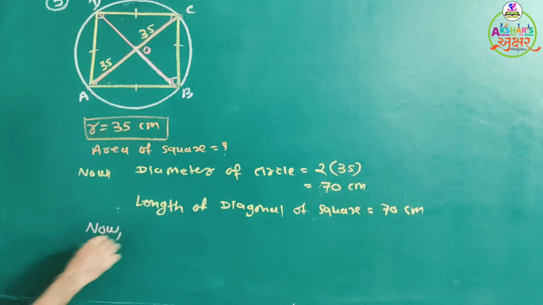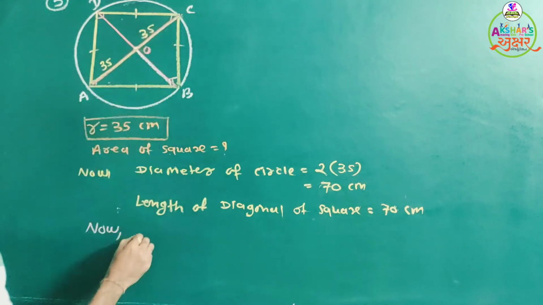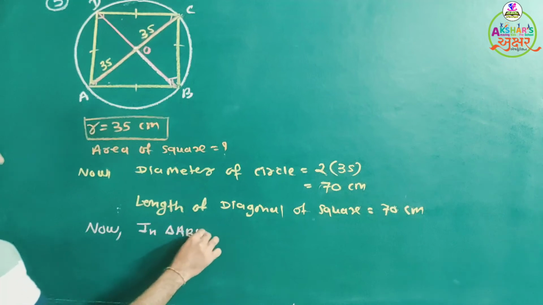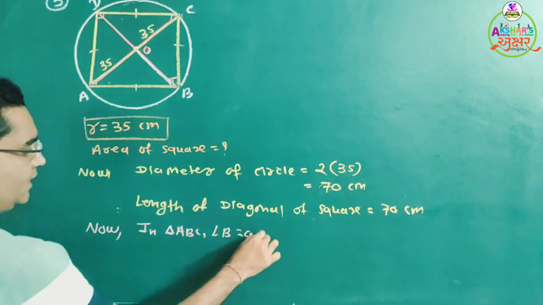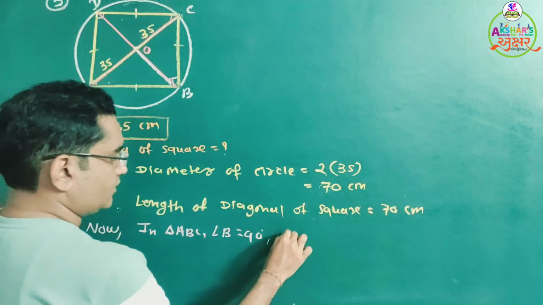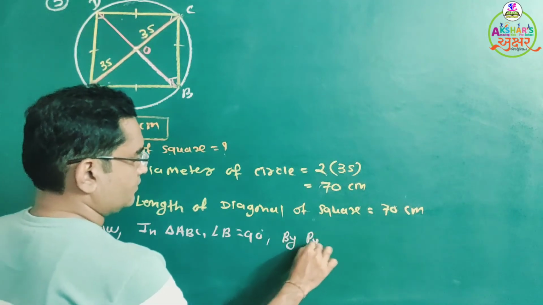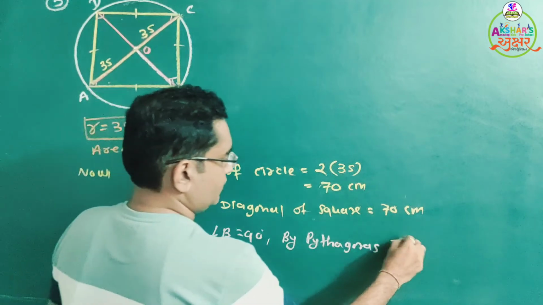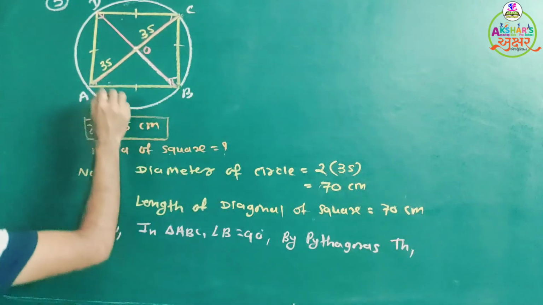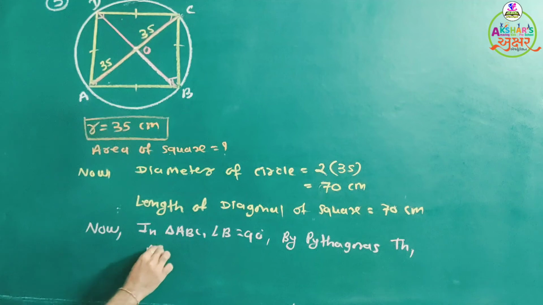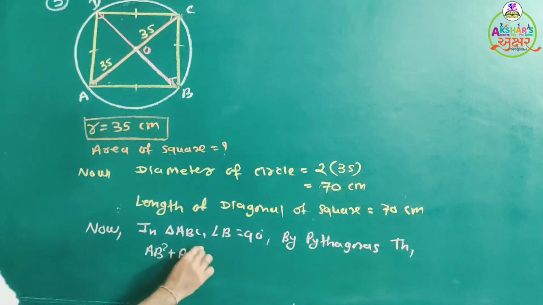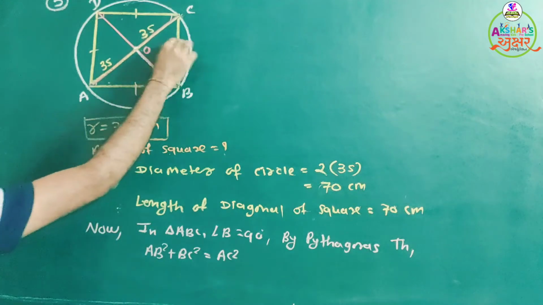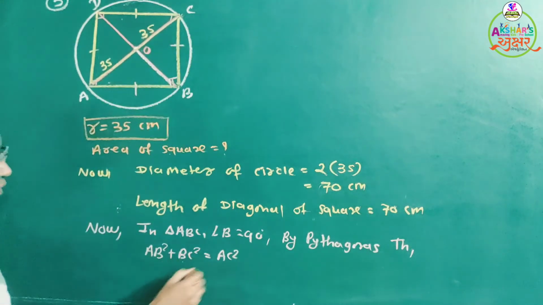So now in triangle ABC according to Pythagoras theorem, in triangle ABC where angle B is 90 degree, so by Pythagoras theorem, if we apply Pythagoras theorem over here, it's AB square plus BC square equal to AC square, and here for this square both sides are equal, so can we replace AB equal to BC?